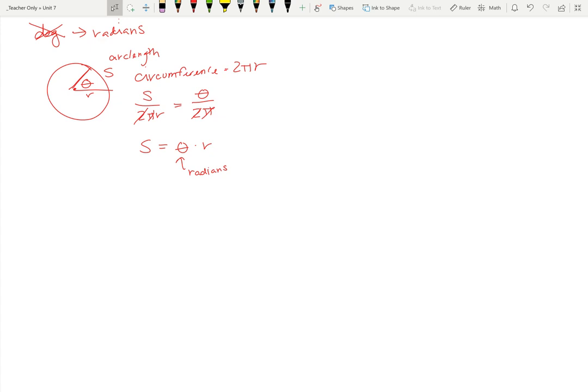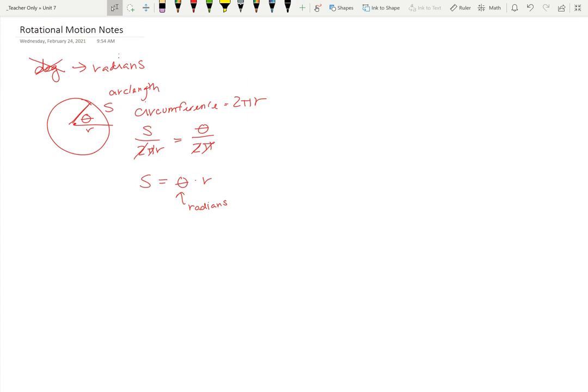Okay. So what are we going to do with this? Well, we can use this to look at rotational motion. So we know when we're talking about translational motion, we have delta x as our displacement. When we're talking about angular motion, we can transcribe that into change in the angle, delta theta.